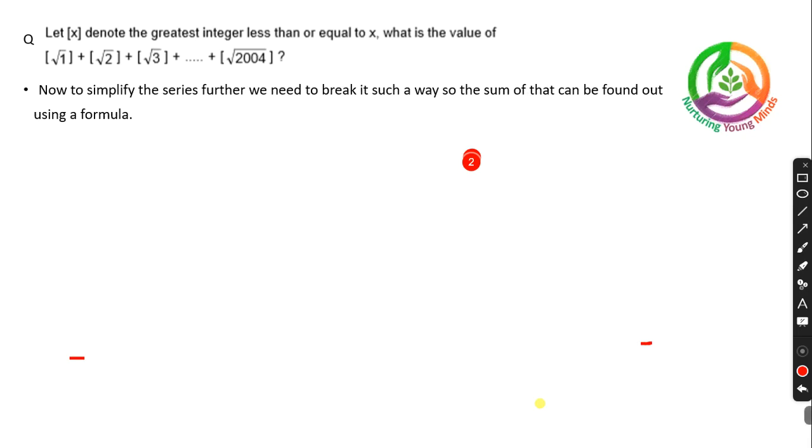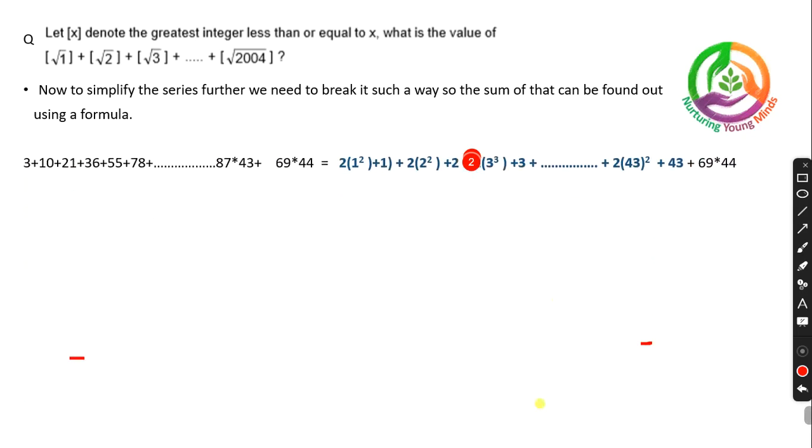So maybe we can break it into the sum of 2 series or 3 series, so that we can use some formula to find the sum of each series, and then you can add them up to get the result. So now let's look at the series: 3 plus 10 plus 21 plus 36 plus dot dot 87 into 43 plus 69 into 44. Now let us try to break the series in some way.